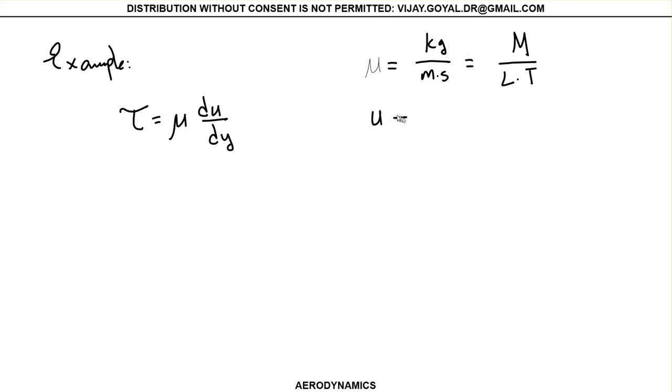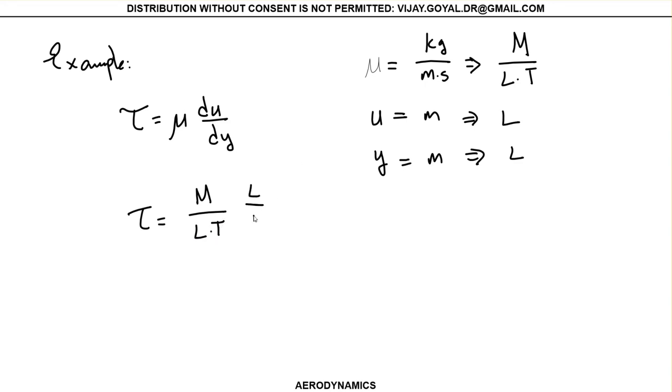My displacement u is measured in meters, so that would be L, and my distance y is also measured in meters, that would be L. So I could say that tau is equal to mass over L times time, times L over L, or this is the same as M L^-1 T^-1. So this is how this dimensional analysis actually works.